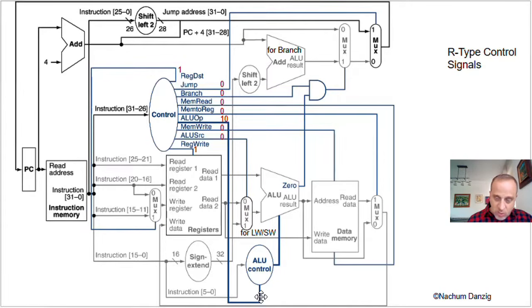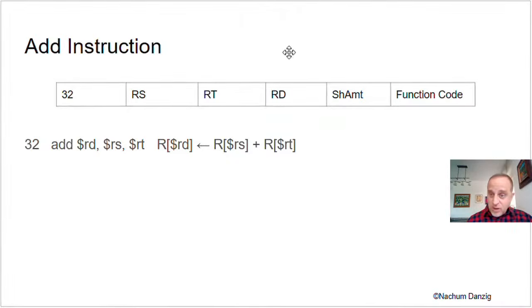He's basically saying, when there's a 10 over here, ignore what's to the left and use that input as your way of deciding whether to tell the ALU to do add or subtract or anything else. So where are they coming from? They're coming from instruction 5 to 0. 5 to 0 is the 6 rightmost bits. That, my friends, is the function code over here. So the function code will be telling it what to do.